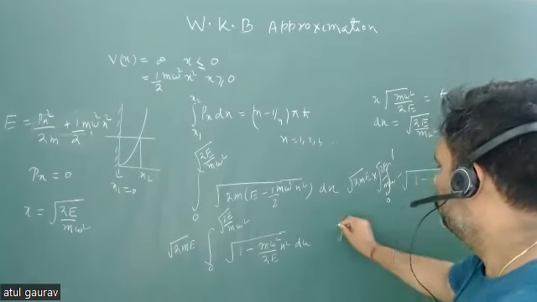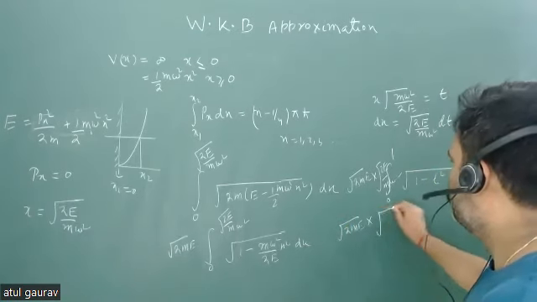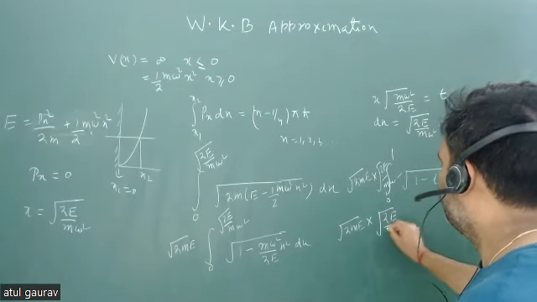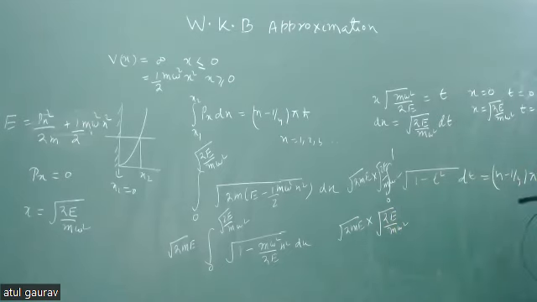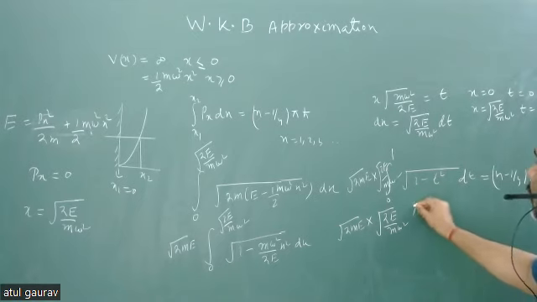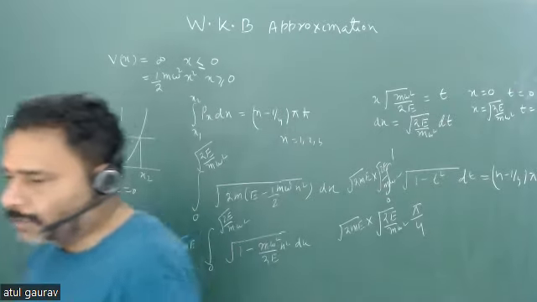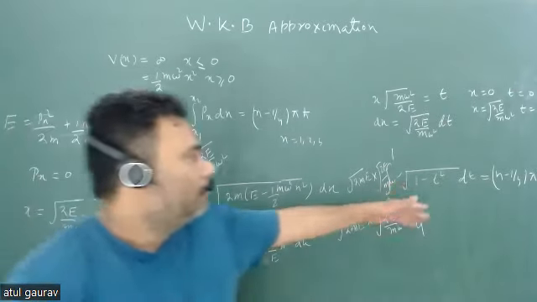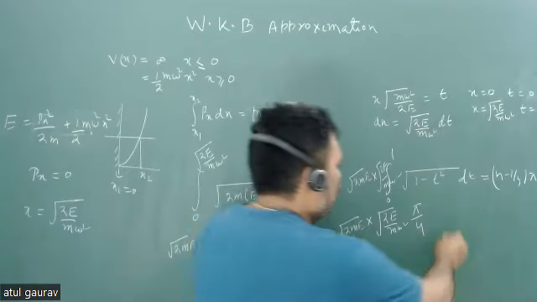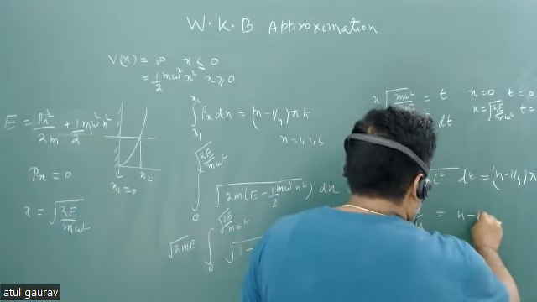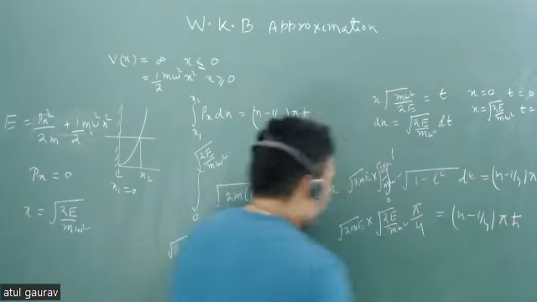We have root under 2mE into root under 2E upon m omega square, and this integration we have already solved. That value is π by 4. Last class we solved it by putting t is equal to sin theta. So that value is equal to (n minus 1/4) π ħ.